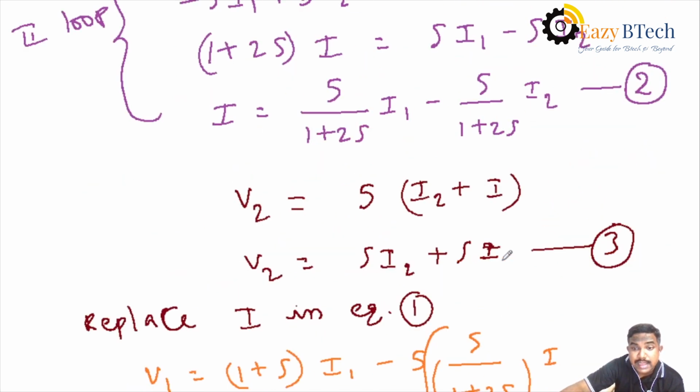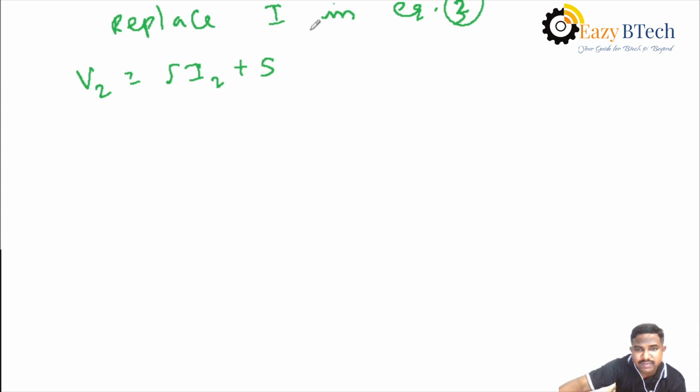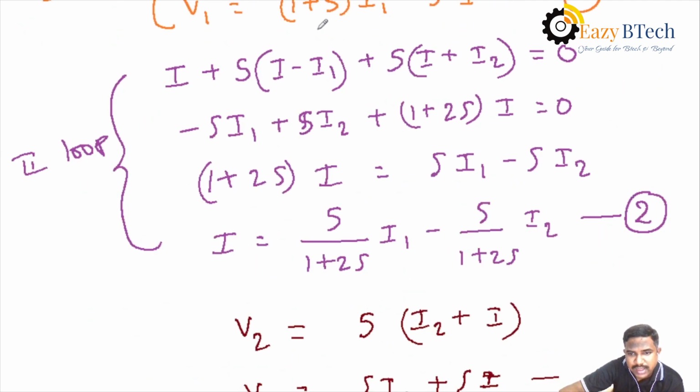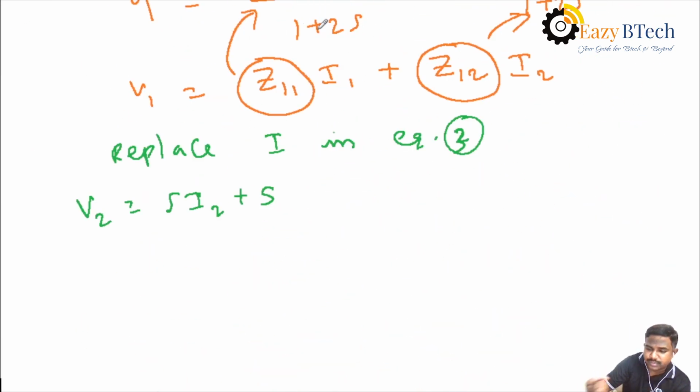V2 equal to S into I2 plus S into I. We know the value of I from equation 2: S by 1 plus 2S into I1 minus S by 1 plus 2S into I2.